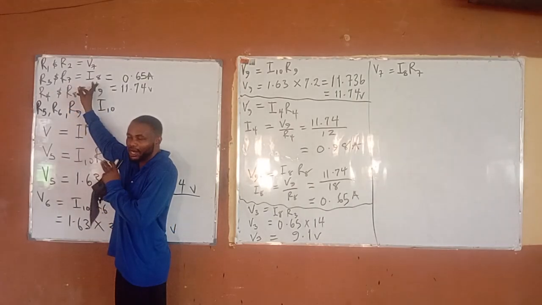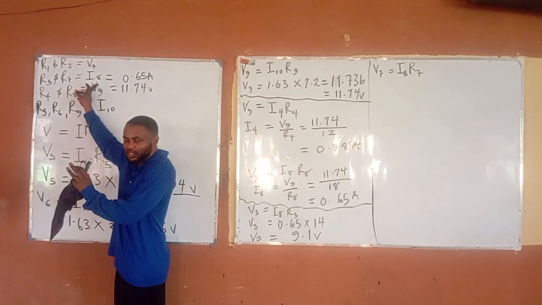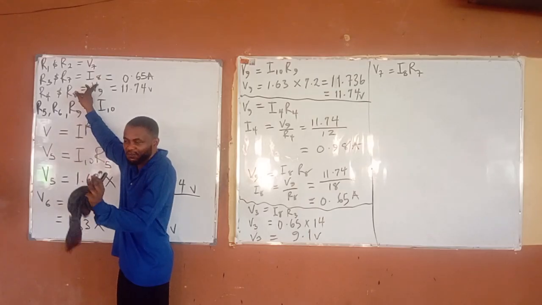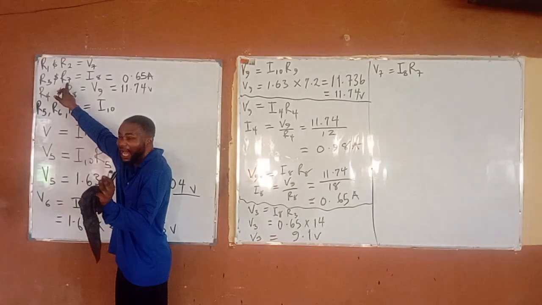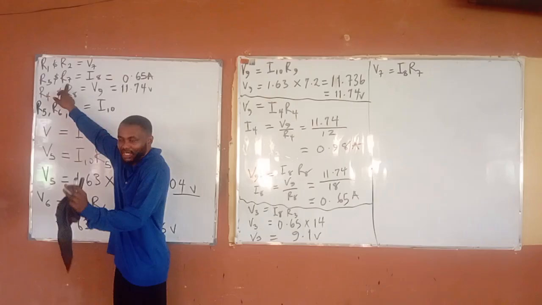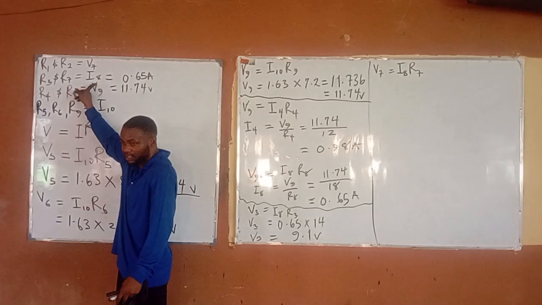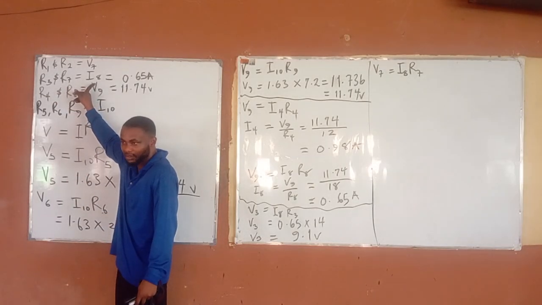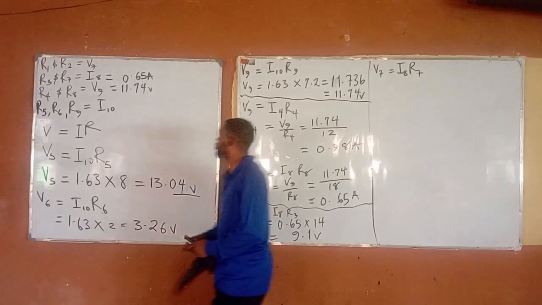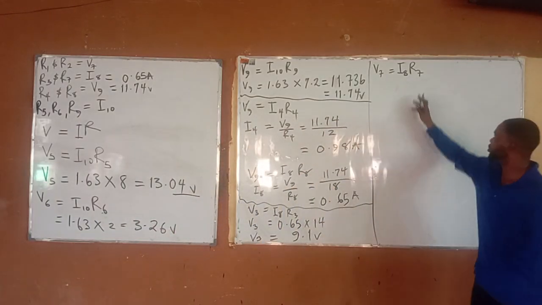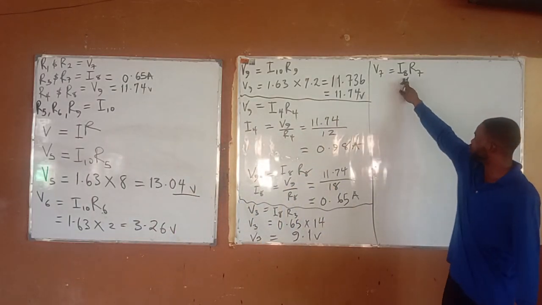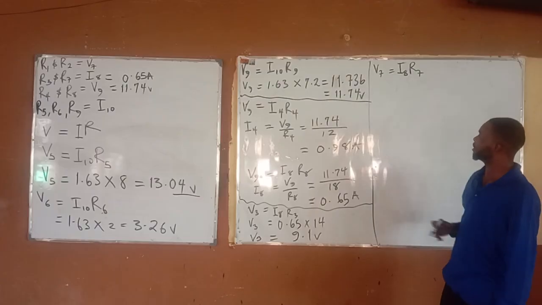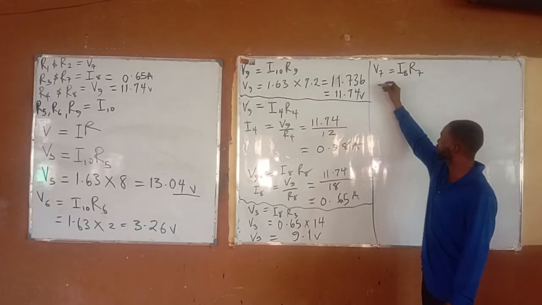R7 has current that is in resistor 8. It has nothing to do with the voltage. The voltage of R7 is still voltage in R7, but the current is the one in R8. That's why we have this. So don't confuse it. So that is why I'm doing it. I just put what is the same there. The rest maintains what it's supposed to have.